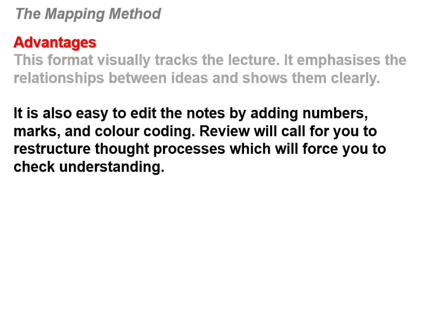It's also easy to edit the notes by adding numbers. So you know the importance of the notes. You can put in a number and say, number 1 is very important. Number 2, not that important. Number 9, that's a very small point, but nonetheless it's there. And number 9 could link to number 8 and on to number 10.